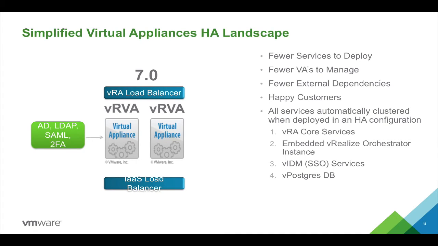In vRealize Automation 7, all of these capabilities are provided, all the core services are provided in a single pair of virtual appliances with a single load balancer, a single certificate in most cases, and the ability to very rapidly deploy and go to market with the solution.